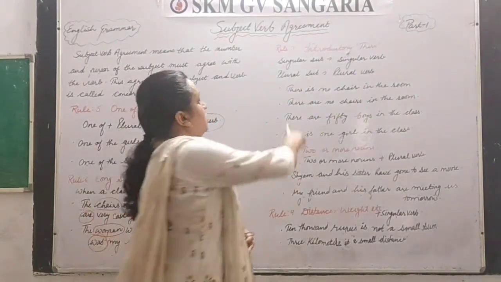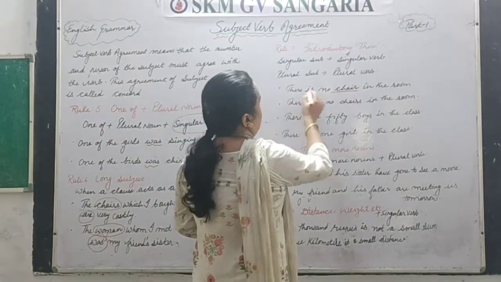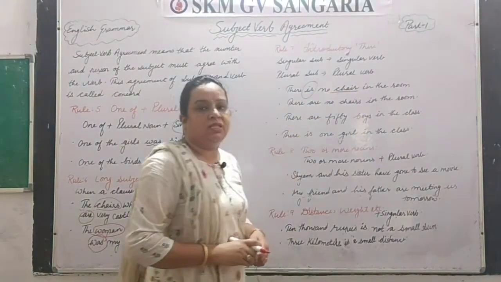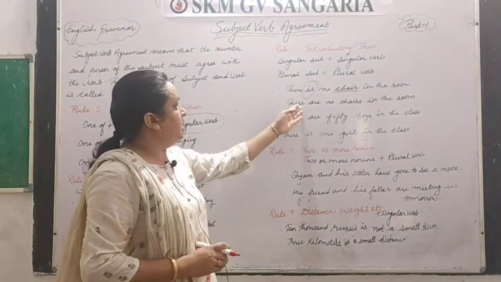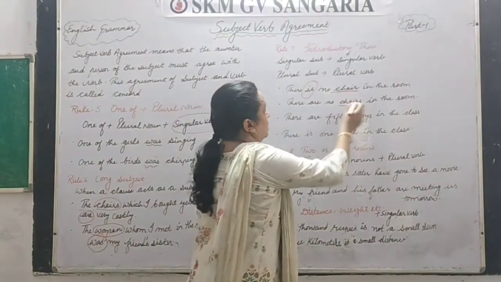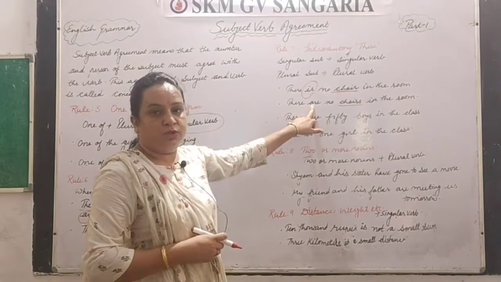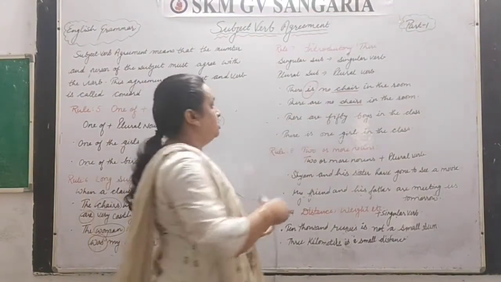See the first one. There is no chair in the classroom. Here chair is singular. That's why we have used is, which is a singular verb. Next one is there are no chairs in the classroom. Now the subject has changed into plural. So which helping verb do I have to use? Are.